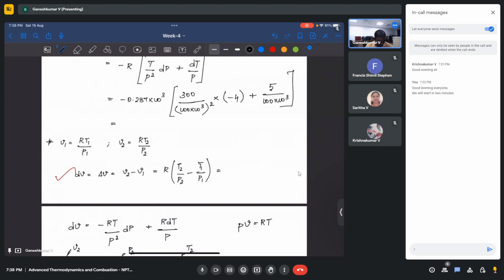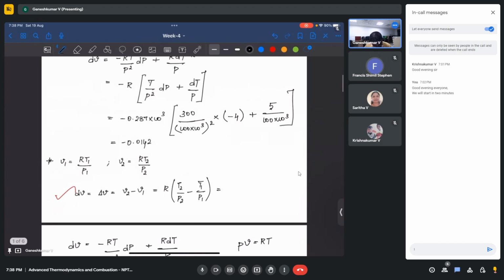So minus 0.0143. And how about this? Meter cube per kg. So why is there a minus here? The change in volume, should it be positive or negative? We are increasing the temperature, right?